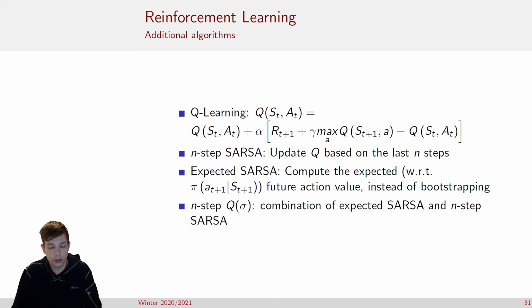This mixture, depending on the scenario, very often gives quite nice results. So the cyclist in a maze example in the beginning was solved with the n-step Q sigma SARSA, working much smoother and much faster than the regular SARSA, which actually wasn't really able to finish this problem in a decent amount of time.